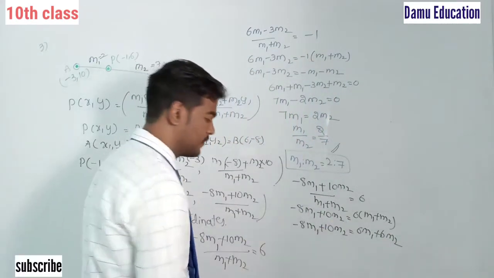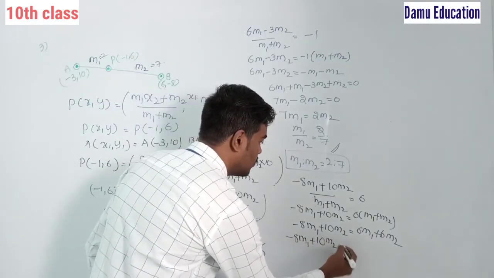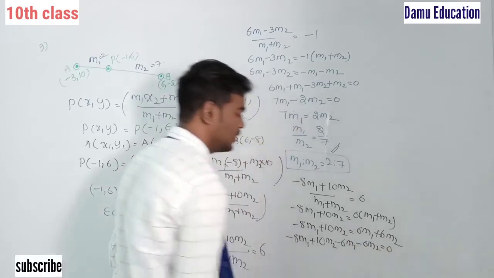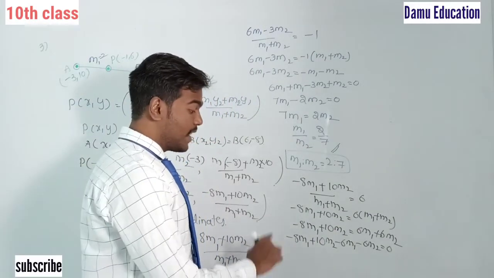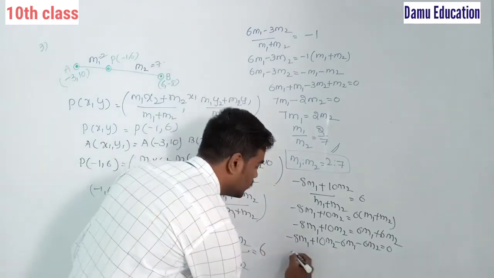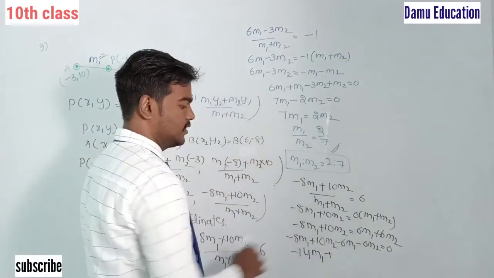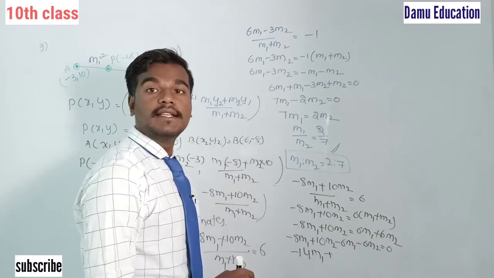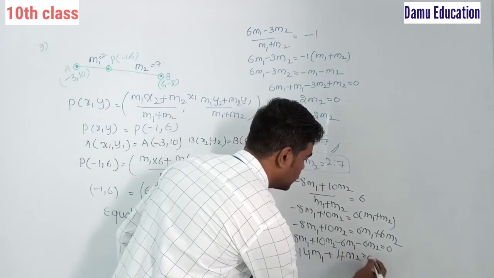Shift all this to the left side: minus 8 m1 plus 10 m2 minus 6 m1 minus 6 m2 equals 0. So minus 8 m1 minus 6 m1 is minus 14 m1, and 10 m2 minus 6 m2 is plus 4 m2, which will be equal to 0.